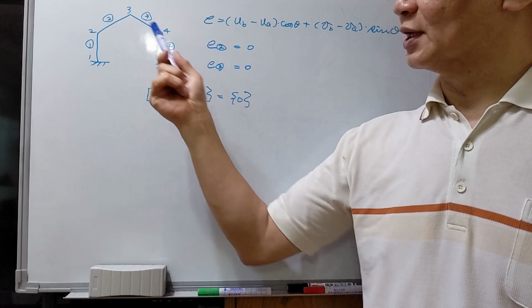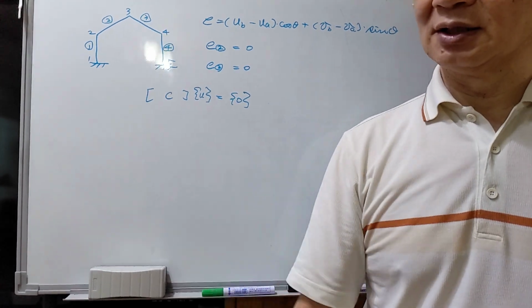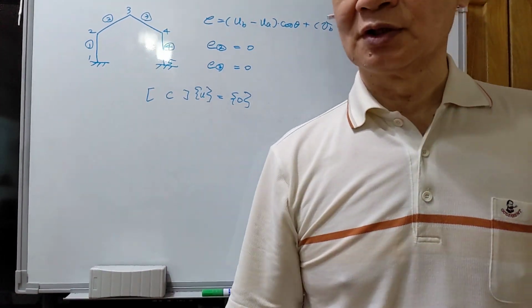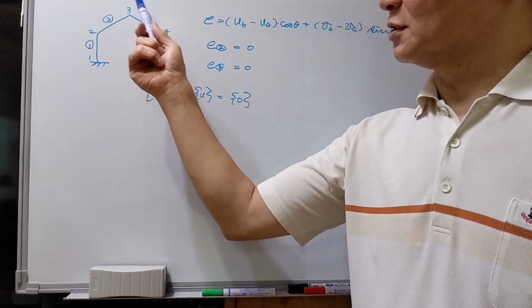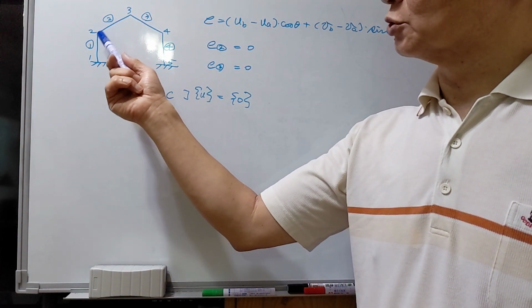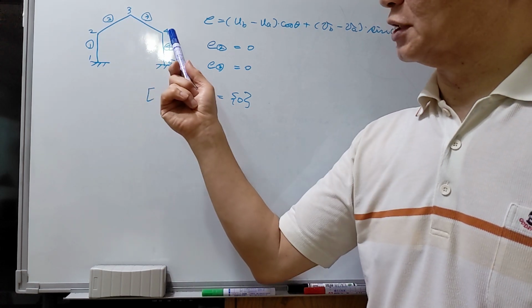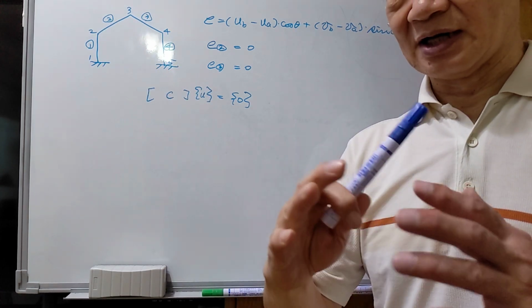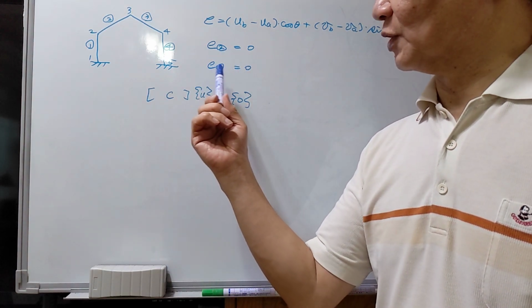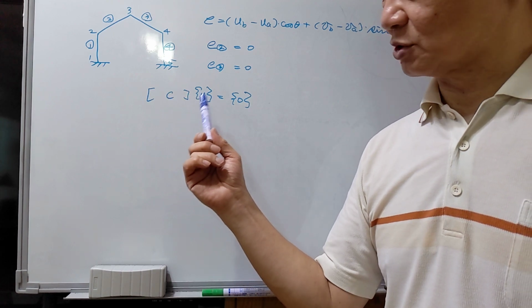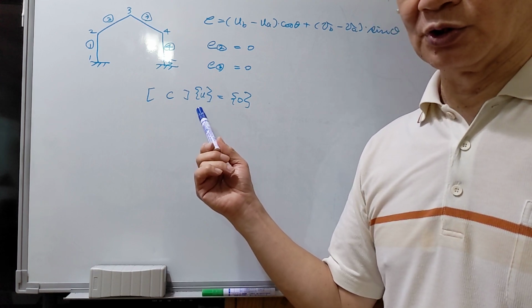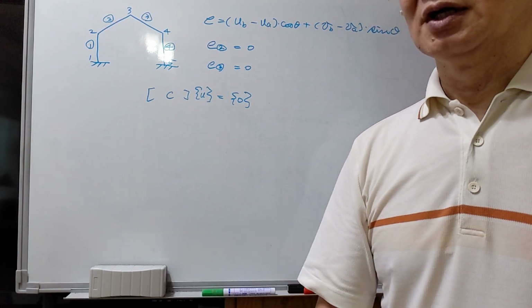If we like to formulate the axial deformation of member 3 equal to 0, then we need the nodal displacements for node 3 and node 4. Okay, so U2, V2, U3, V3, and U4, V4, they are the nodal displacements related to formulating these two constraint equations. So at least you need 6 nodal displacements in this vector.